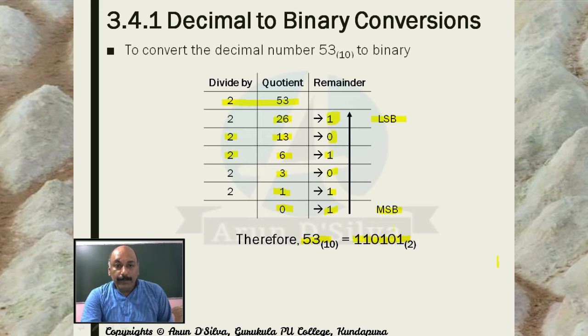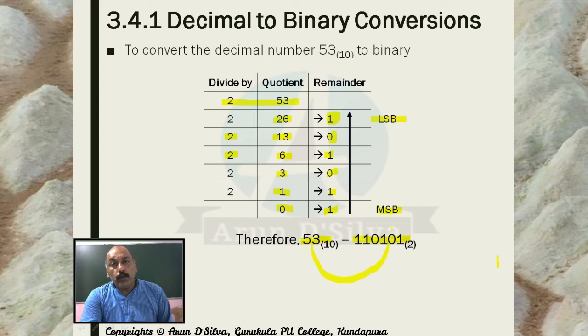You got it? The equivalent value is 110101. So this is the way we convert from decimal to binary. This is about integers, my dear students.